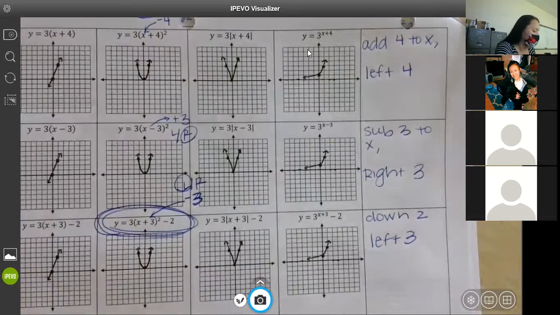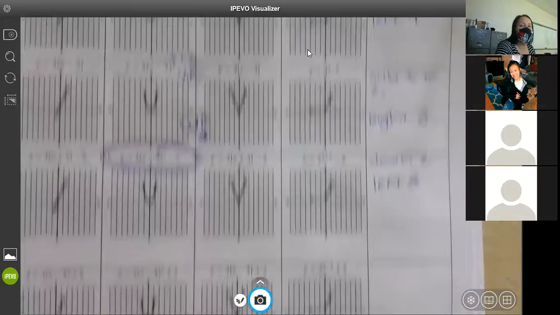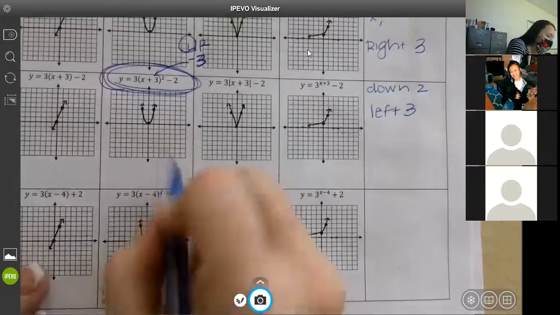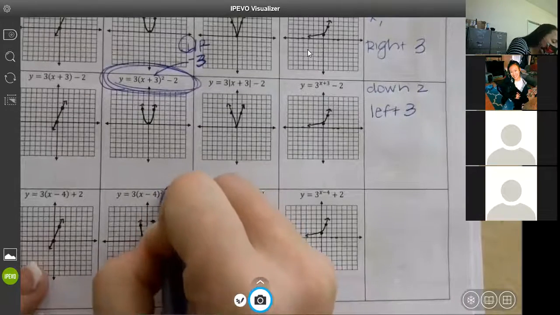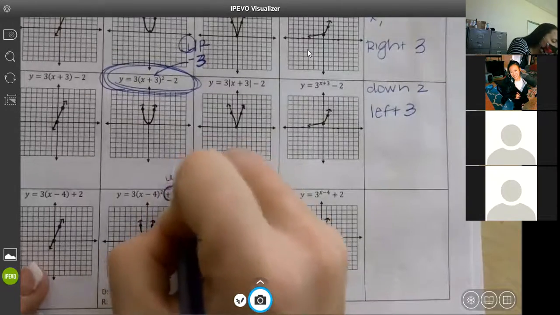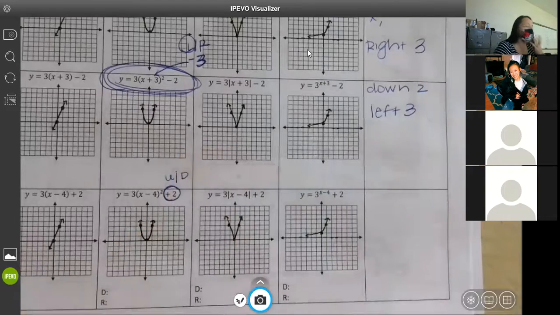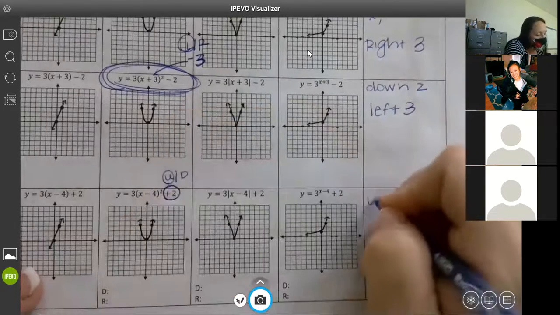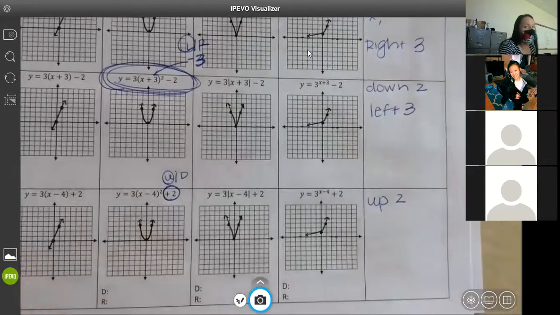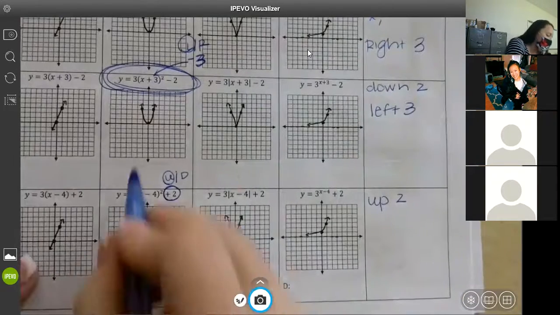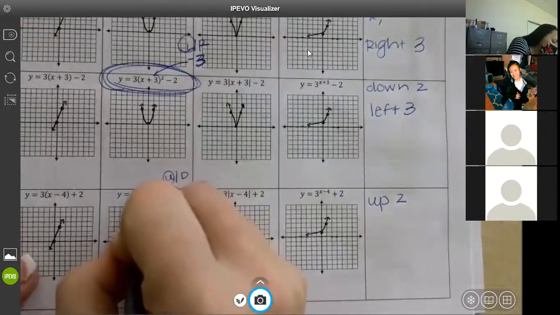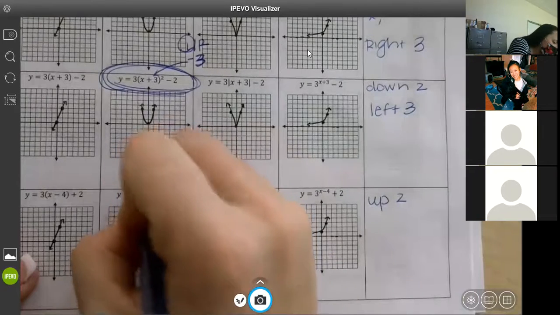Same thing on the other ones. Okay. Look at the last one. We have a +2 on the end, means up or down. Since it's plus, what's it going to do? Up. And it's going to go up that many, so 2. Inside parentheses is telling me left or right.